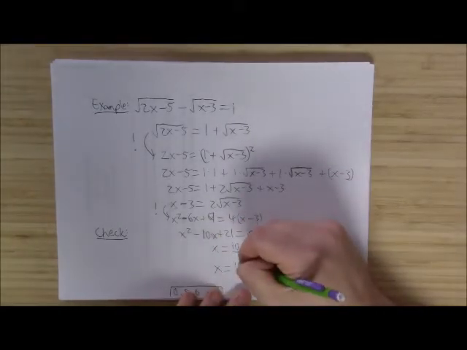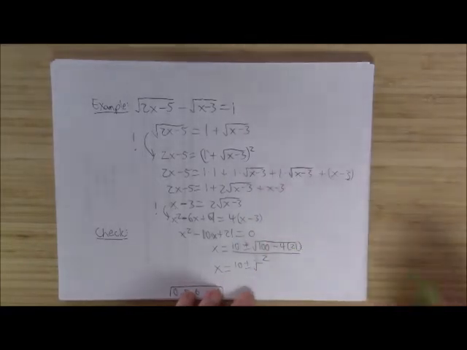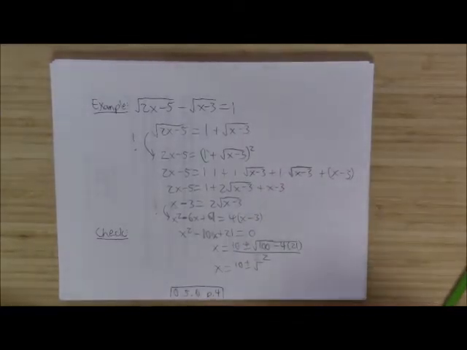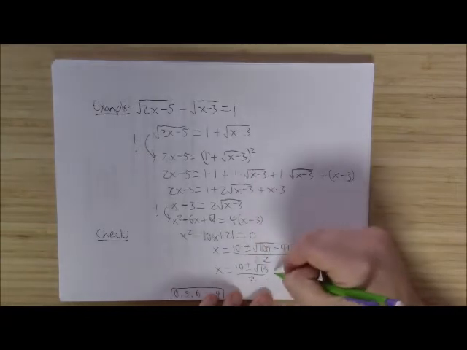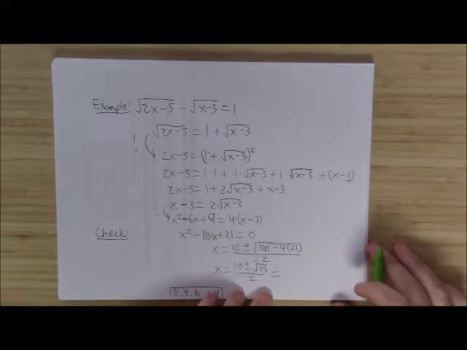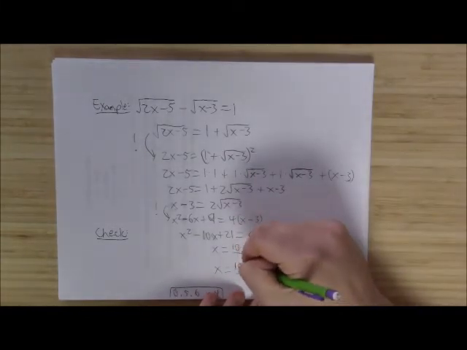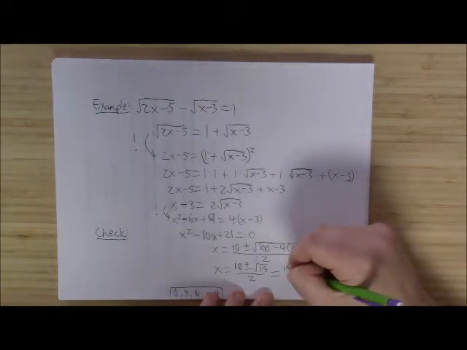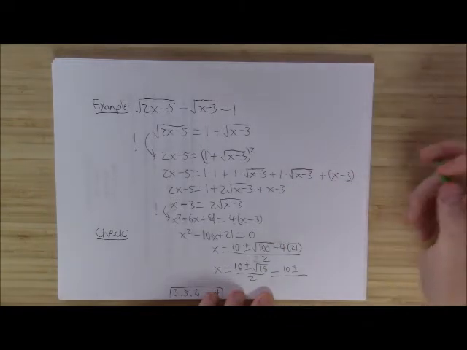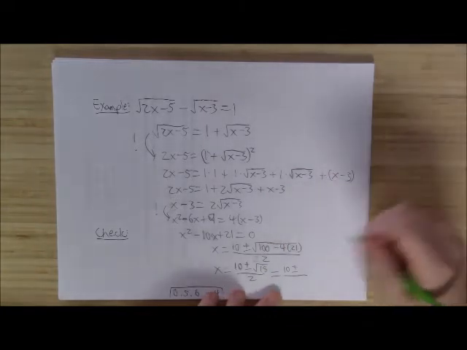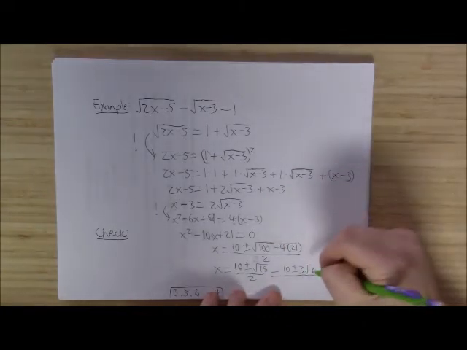X equals 10 plus or minus the square root of 100 minus 82, which is 18, all over 2, which equals, what? We have 10 plus or minus the square root of 18, divided by 2. 18 is 9 times 2, so we have 3 root 2.